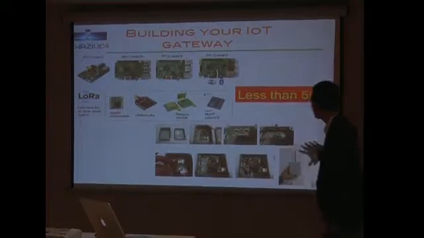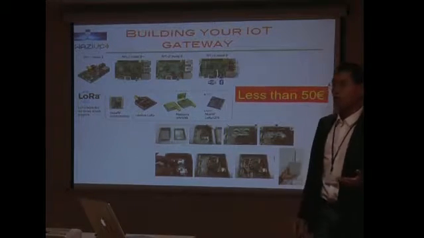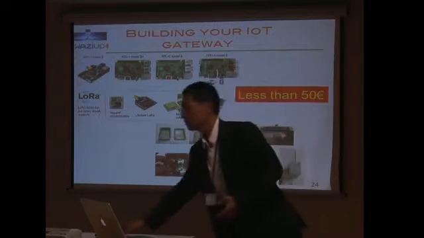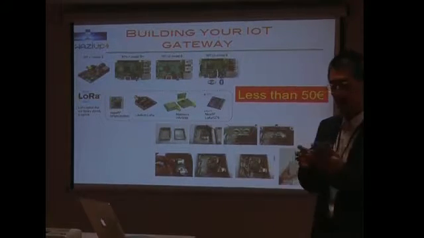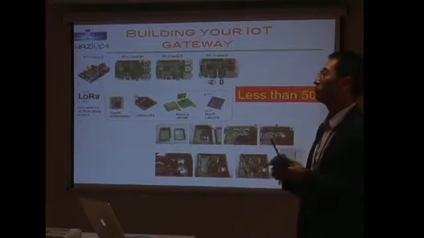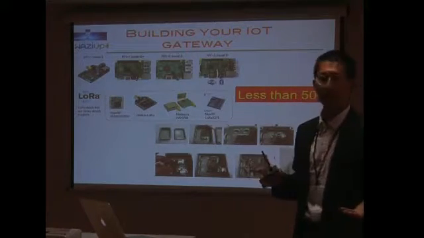So you can see all the steps here. And the gateway costs less than 50 euros. So if you have, let's say, 10 devices and one gateway, you have a whole system for less than, let's say, 200 euros.